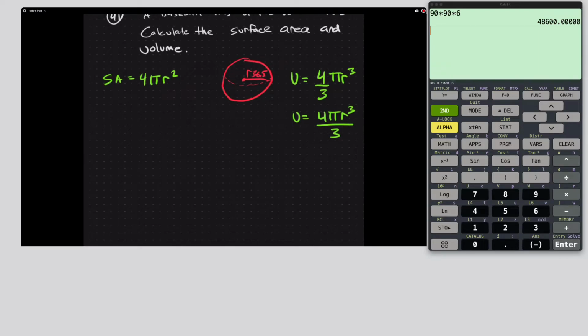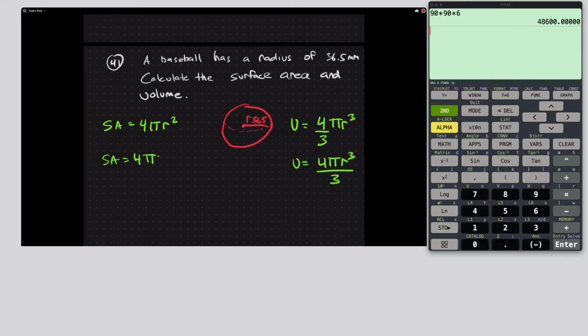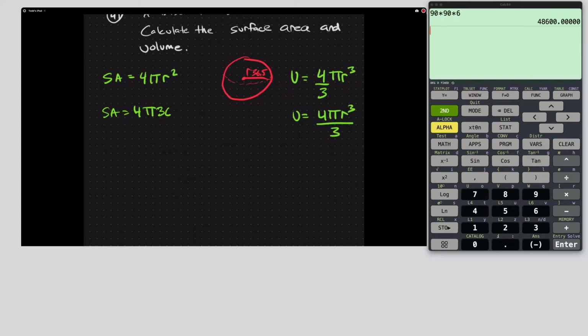So what are we going to do? We're going to take surface area equals 4 pi times 36.5 squared. On the calculator, 4, and we want to find pi, which is right here, so second pi, times 36.5 and squared.